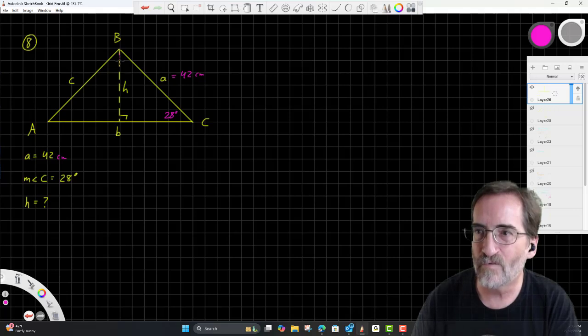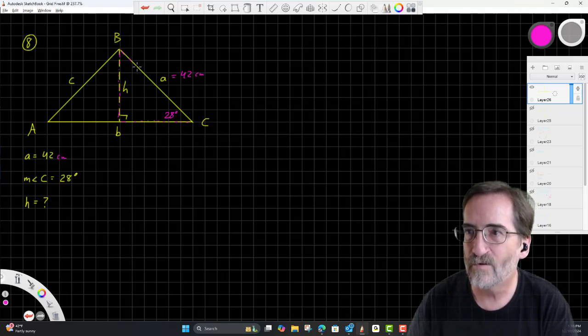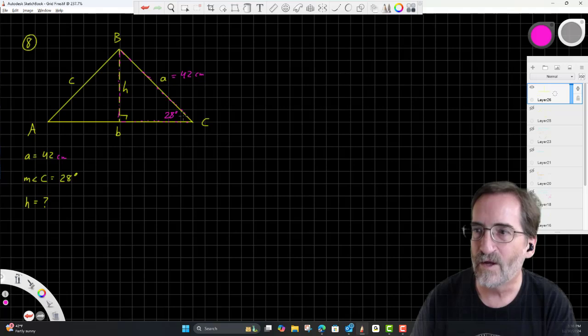Well, here's our right triangle right here. So we have a reference angle. h is the opposite side, and a is the hypotenuse.